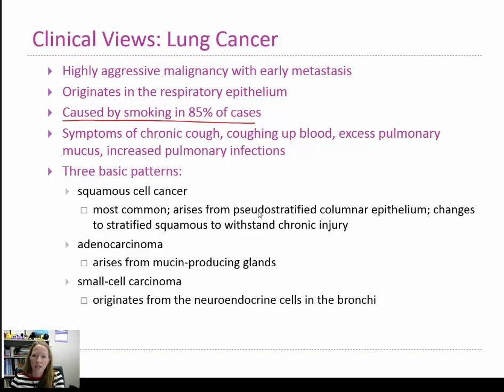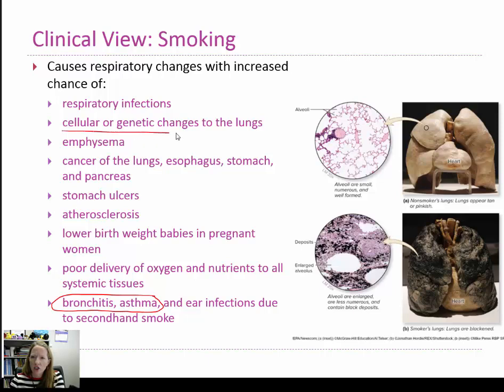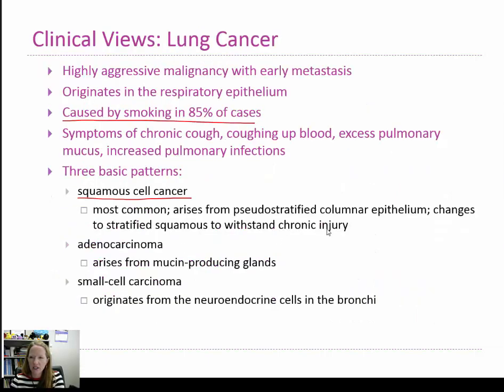It's going to originate in the respiratory epithelium, so that's why when we're taking a look at these 3 patterns, look, squamous cell cancer, that's going to be the most common, and it is going to arise from the pseudostratified columnar epithelium. What happens, look, we talked about how cellular and genetic changes can happen to lungs. This is what happens. It's when that pseudostratified columnar epithelium changes to stratified squamous.